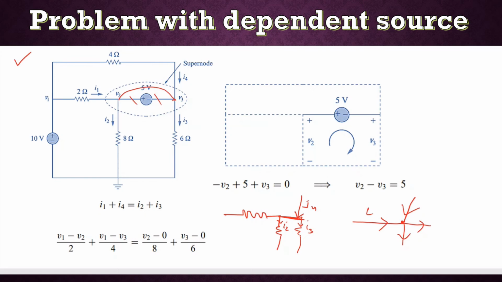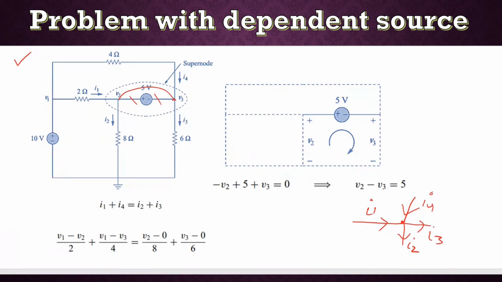So this is I1, this is I4, this is I3 and this is your I2. Now by applying KCL at this node, I1 plus I4 is equal to I2 plus I3. Sum of the currents entering the node is equal to sum of the currents leaving the node.